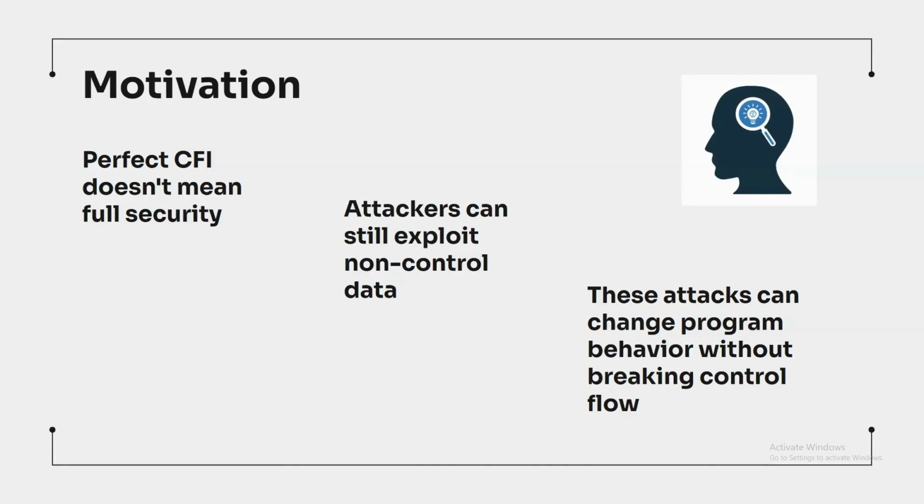And to answer that, we implemented an example of a non-control data attack. Our goal is to show that even under strong or perfect CFI protection, an attacker can still compromise the system by manipulating the right data at the right time.